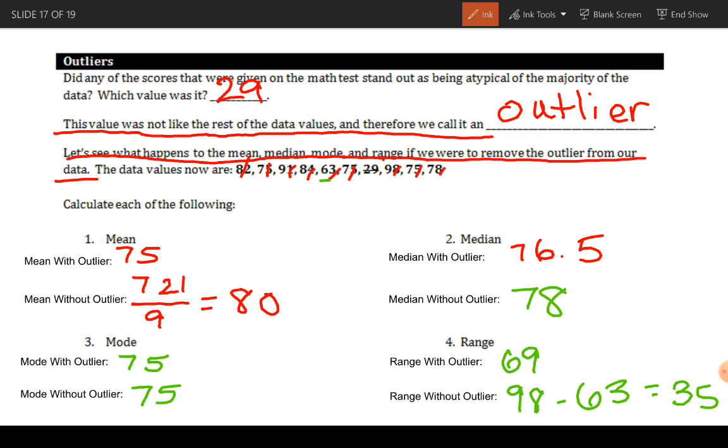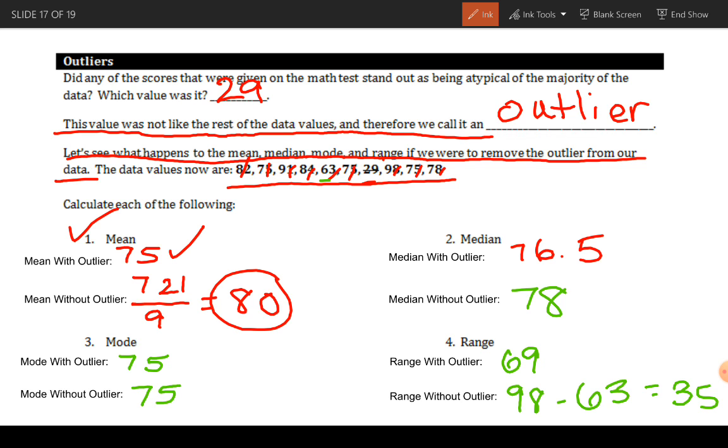So let's take a look at each thing. So the mean. The mean changed pretty significantly when we took out our outlier of 29. The mean of 80 is now more representative of the test scores. That grade of 29 was really pulling down that average, and that's why we got the average of 75.